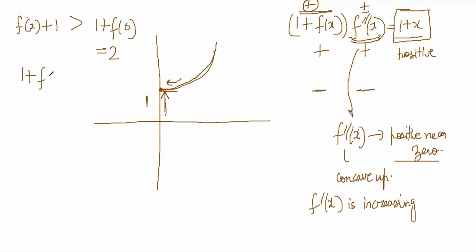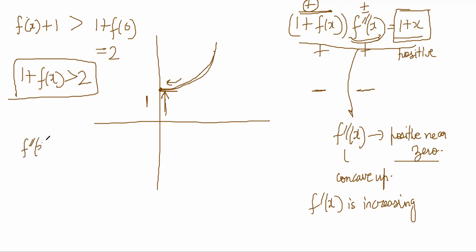So 1 plus f of x is always greater than 2. Once you have that, you can use it in the same inequality: f double dash x is equal to 1 plus x by 1 plus f of x, and this denominator is greater than 2. So f double dash x is less than or equal to 1 plus x by 2.